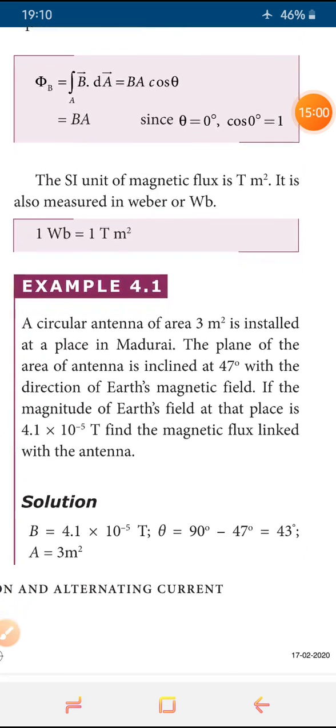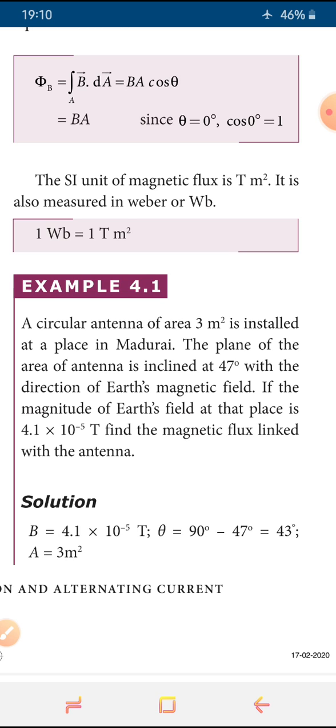Next one, example 4.1. We have a circular antenna with an area of 3 meters square installed at a place in Madurai. The plane of the area of the antenna is inclined at 47 degrees with the direction of Earth's magnetic field. If the magnitude of Earth's magnetic field at the place is 4.1 into 10 to the power minus 5 Tesla, then find the magnetic flux linked with the antenna.